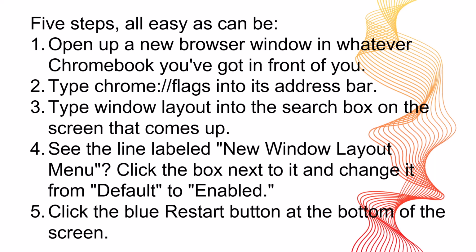Then you type window layout into the search box on the screen that comes up. And I'm going to show you these screens in just a moment. See the line labeled New Window Layout menu. Click the box next to it and change it from default to enabled. Click the blue restart button at the bottom of the screen and away you go.